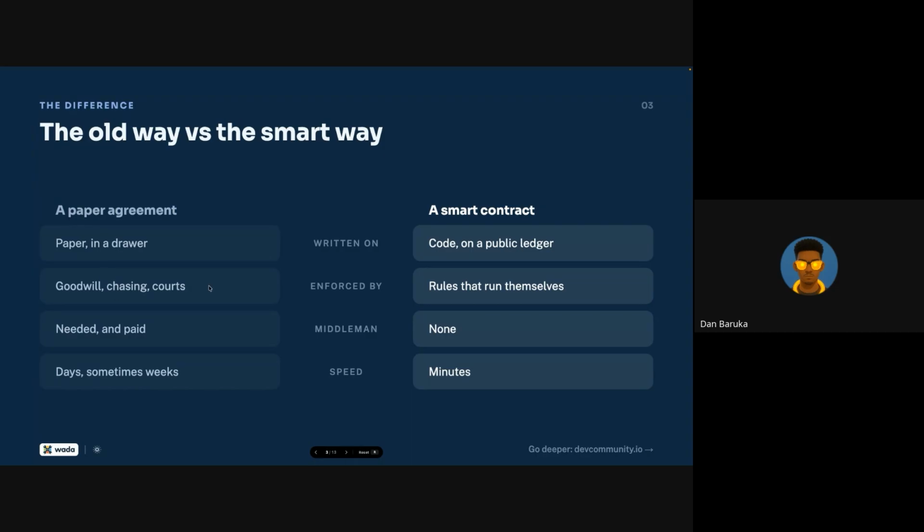So it's really the same as the smart contract. The difference is only that you don't really deal with papers. You don't need a middleman. It's really fast. So you don't realize that you are dealing with the smart contract, but yes, you are dealing with the smart contract behind the scenes sometimes.